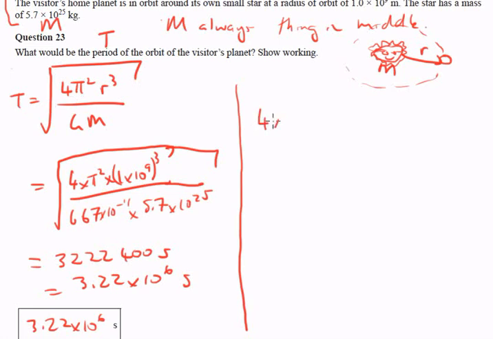So this is what I type into my calculator. I type 4 times pi squared times 1. Now I'm typing this out here. 1 by 10 to the 9. Some students type out 1 and then they times by times and then they write 10 and then they say to the power of, etc. I don't like using that at all.